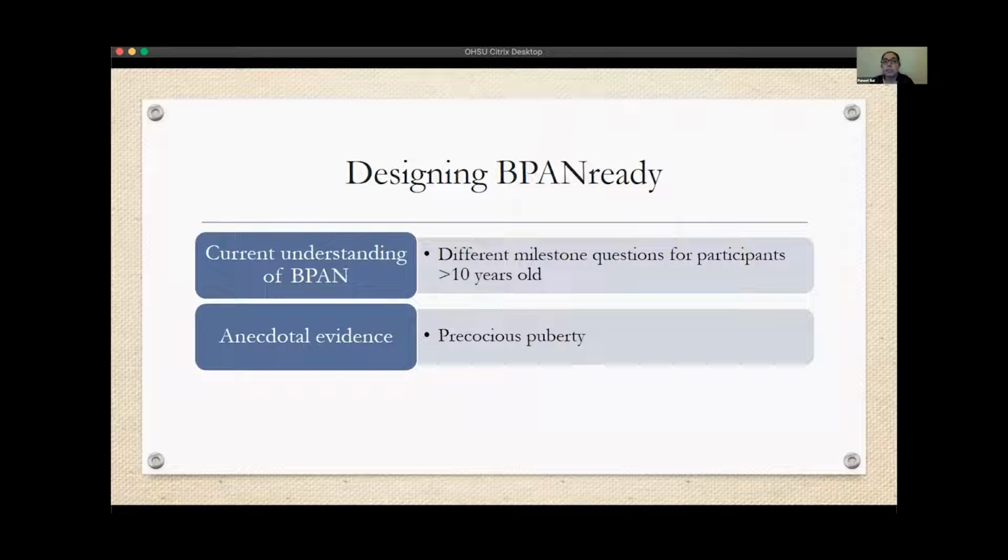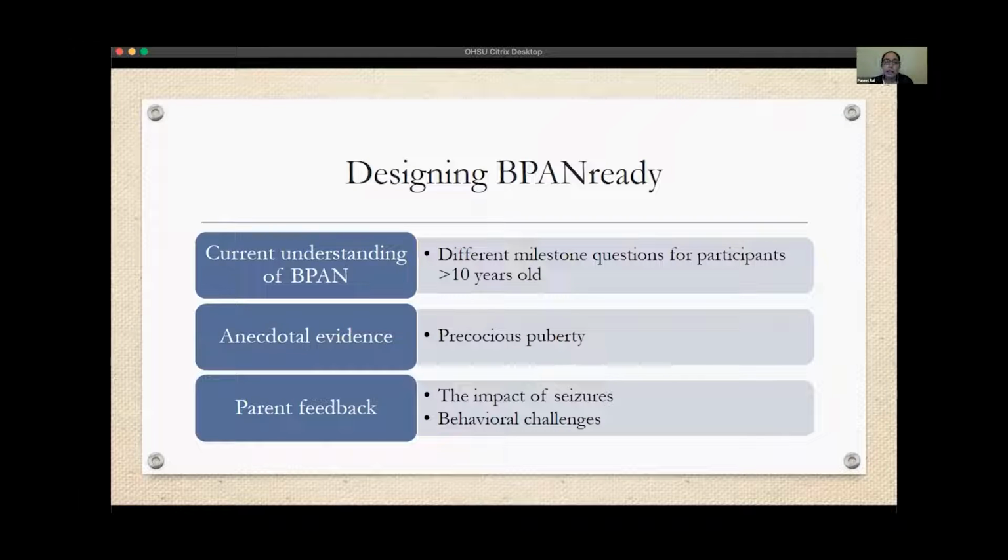This is based on clinical appointments we've had with BPAN patients and the types of questions they ask us and our exams of patients. One thing that came out of this was that we started noticing that we were getting a lot of questions about possible signs of precocious puberty in a lot of patients with BPAN. So we wanted to make sure that we looked at this further in the natural history study.